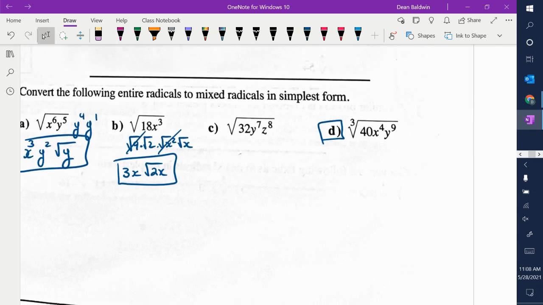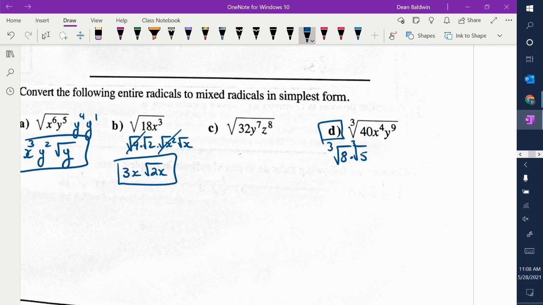So, cube root. What multiplies to 40 that has a nice cube root? Everybody wants to say 20 and 2 or 10 and 4. Neither of those have cube roots. What multiplies to 40 that's a cube root? 8, right? So I can rewrite the 40 as the 8 and 5.